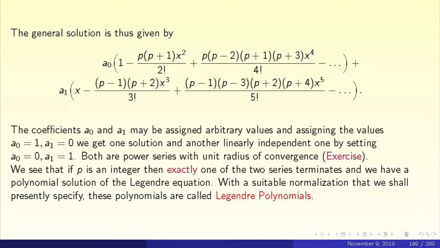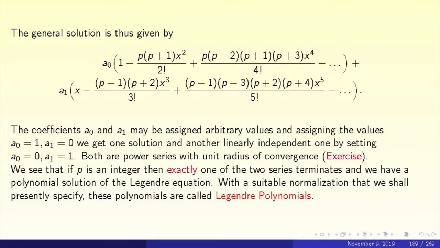So suppose I put A0 equal to 1 and A1 equal to 0. You get a power series involving only the even powers of x. Do the other way around: put A0 equal to 0 and put A1 equal to 1. You get a power series involving only odd powers of x. So you got a function which is an even function and another function which is an odd function.